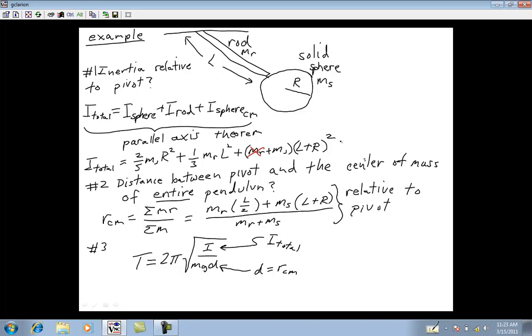So this part should just be the mass of the sphere times the distance it is from the pivot point, so L plus R squared. I'm fixing it though.